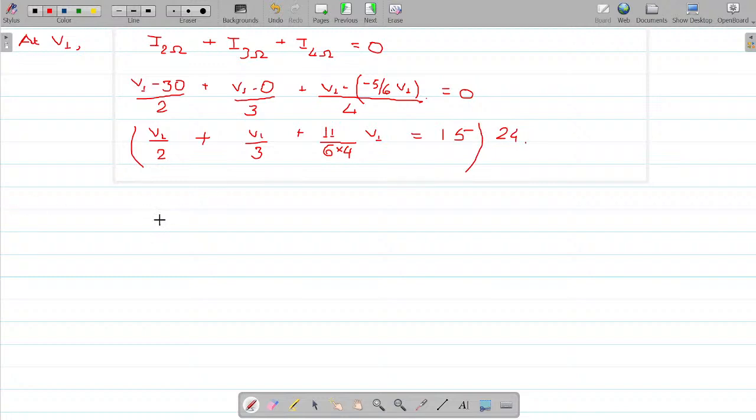So if I multiply it with 24, what would I get? 12 V1 plus 8 V1 plus 11 V1 is equal to what? 15 into 24, right?